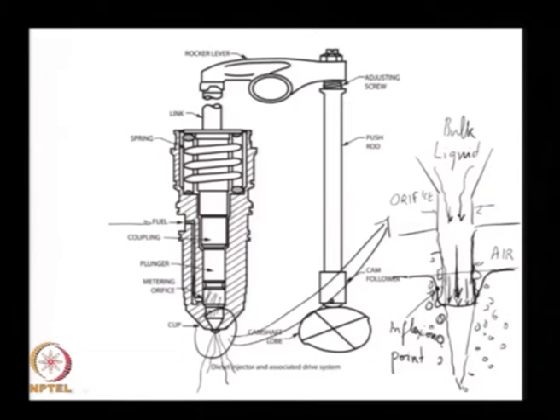Okay, so, what is the area over which the fluid, which in this case is the bulk liquid, let us say diesel, and the air around it interact? It is the interfacial area of the cylinder. So, if I want to facilitate this interaction in a more intimate fashion, for the same volume of that liquid column, I should increase the surface area of interaction.